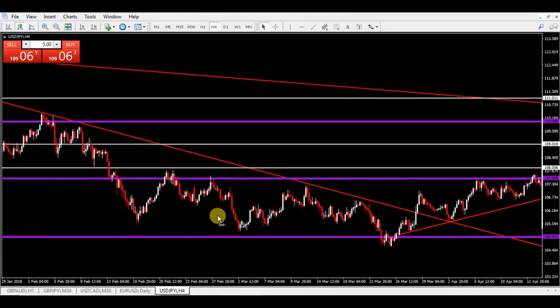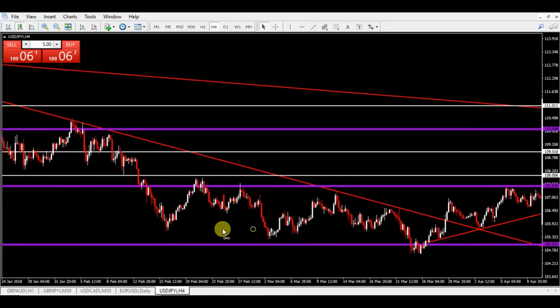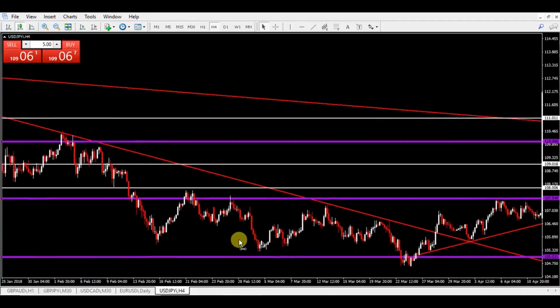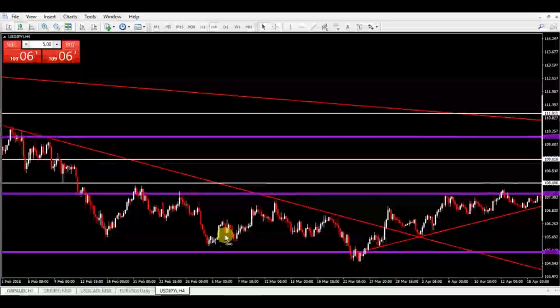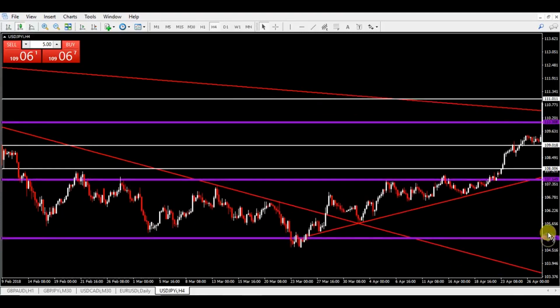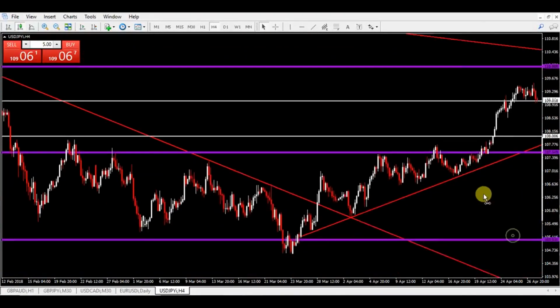So following the rules that you've already learned with support resistance, the significance of the whole numbers, and the trend lines, applying those rules will give you a scenario of how to use Fibonacci.